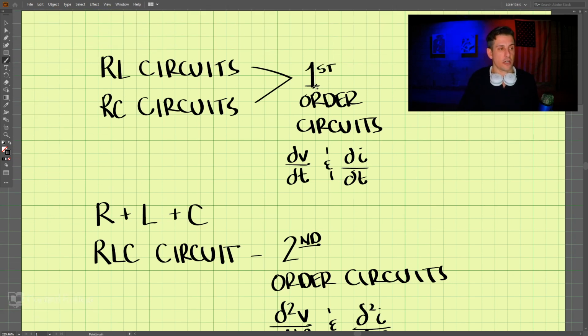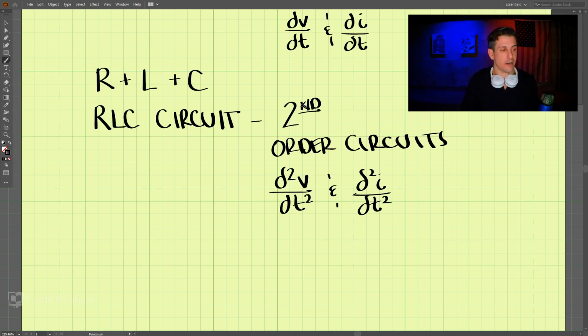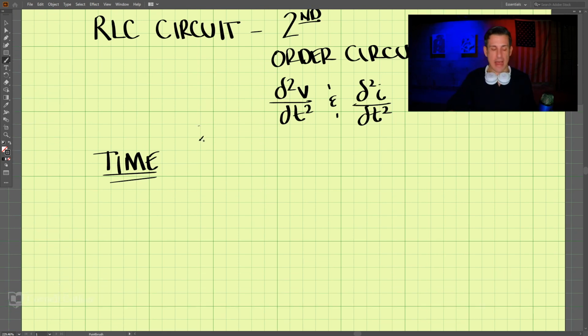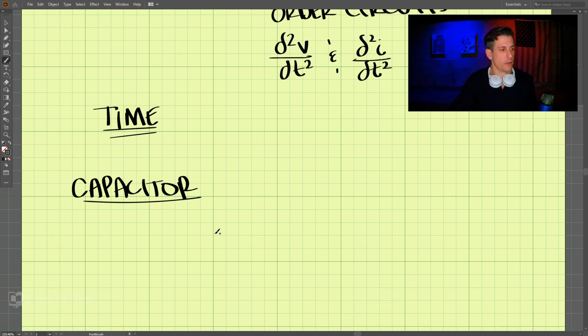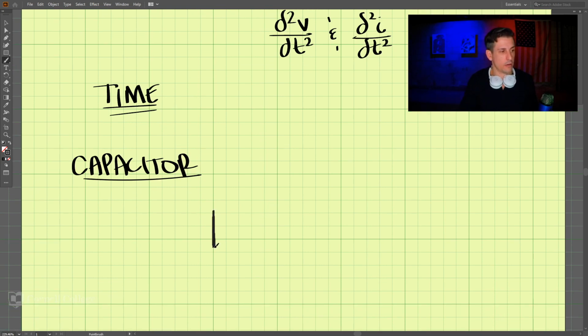So in these circuits, we need to consider time. Let's take a look at a capacitor. So for a capacitor, remember we wrote it like this.